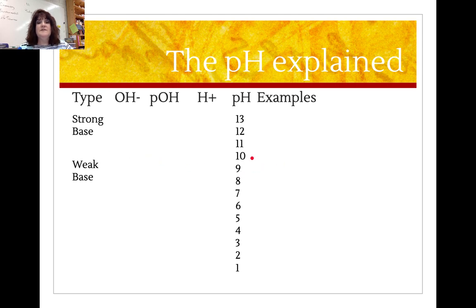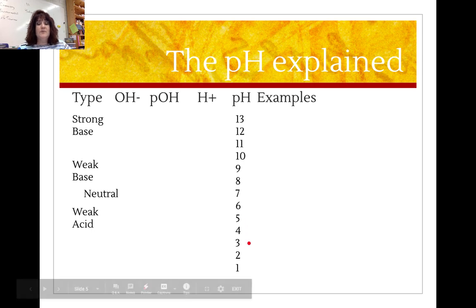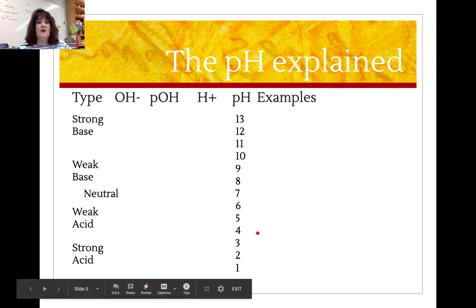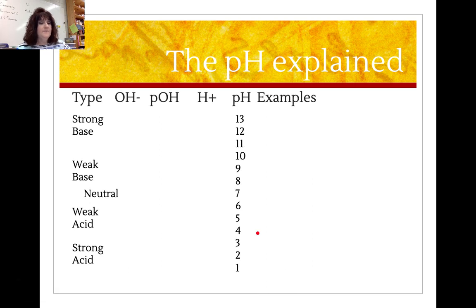A pH of 10, 9, and 8 have a weak base. A pH of 7 is neutral. The type of solution for 6, 5, and 4 is a weak acid. And 3, 2, and 1 are a strong acid. Okay, so they're in little groups of 3 except for 7.